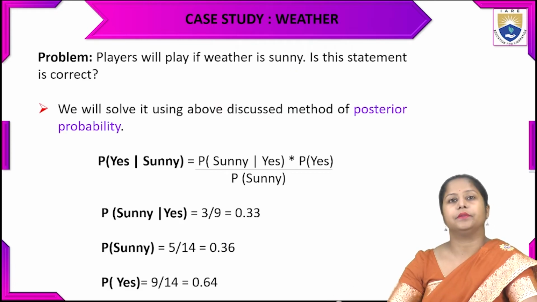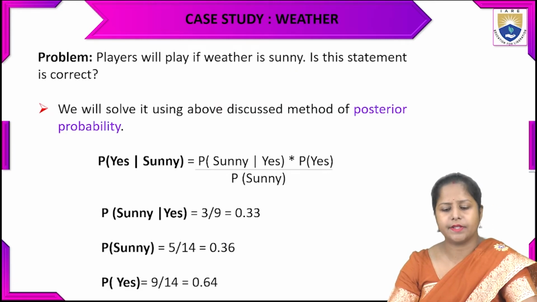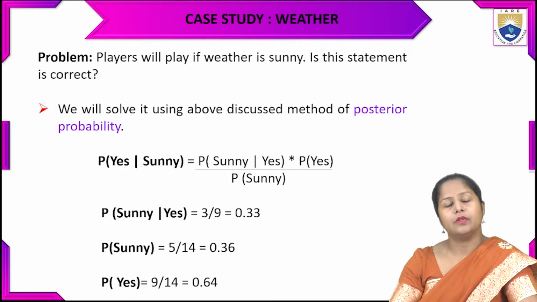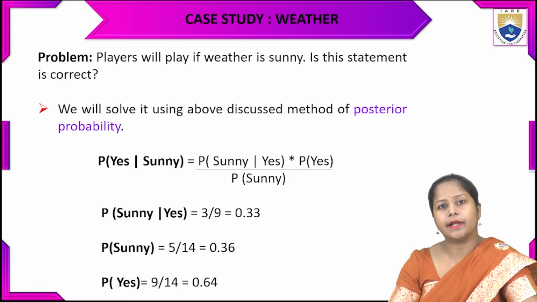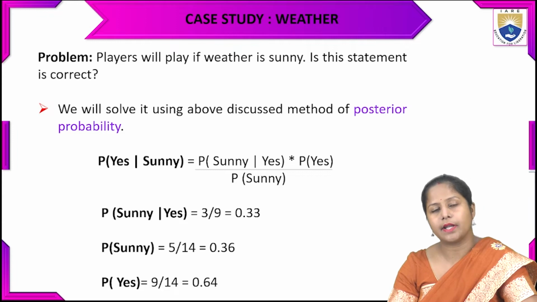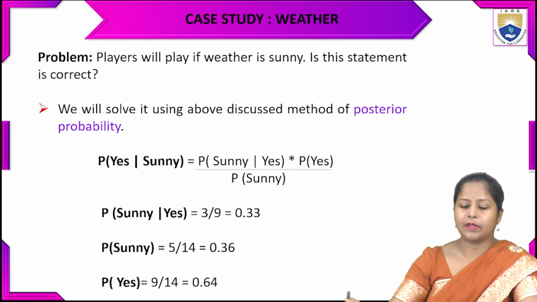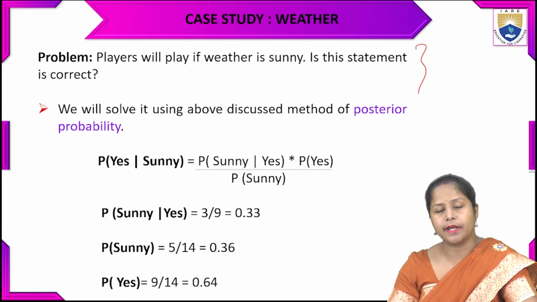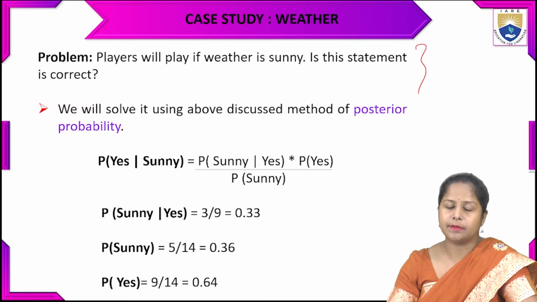So here the same case study is there. What data set we were having, that were the 3 types of weathers: overcast, sunny and rainy, right? So in there, the 2 class levels were there, yes and no, in the play. So that play was the class level, in that the 2 classes are there, yes and no. So the problem is: the player will play if weather is sunny, is this statement correct or not? So we have to check this statement.